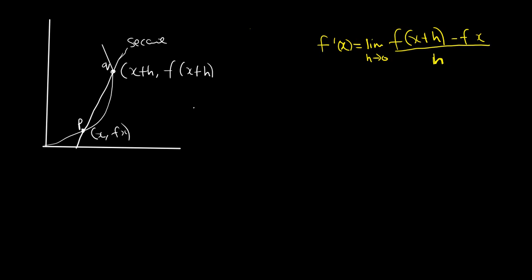So we'll say f of x plus h minus f of x, over the change in x, that's h. So that's also the gradient of a secant. That's how we define the gradient, and we use the letter m.